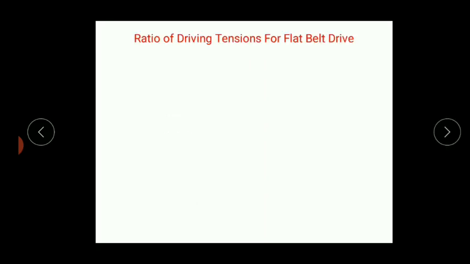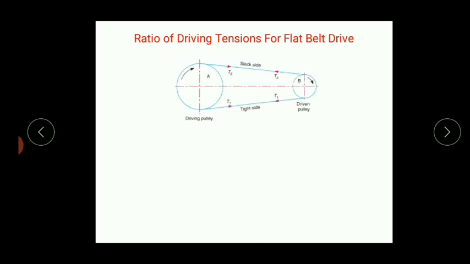Ratio of the driving tensions for the flat belt drive. First, what are driving tensions? Here is the tight side of the belt; this one is the driving pulley, this one is the driven pulley, and this one is the tight side. The tension on the tight side is represented as T1 here.